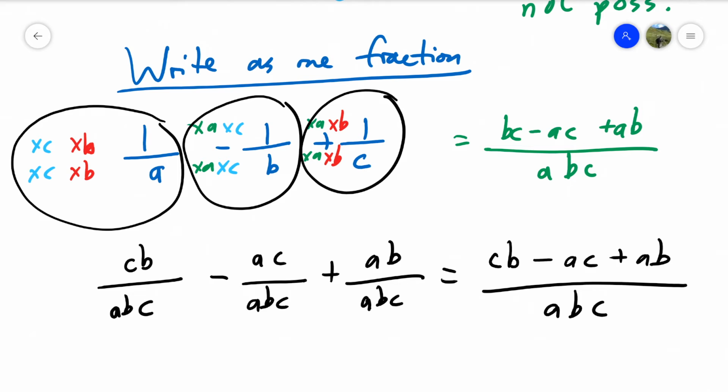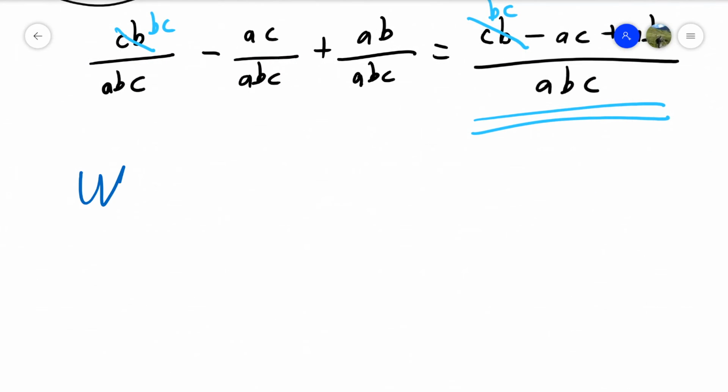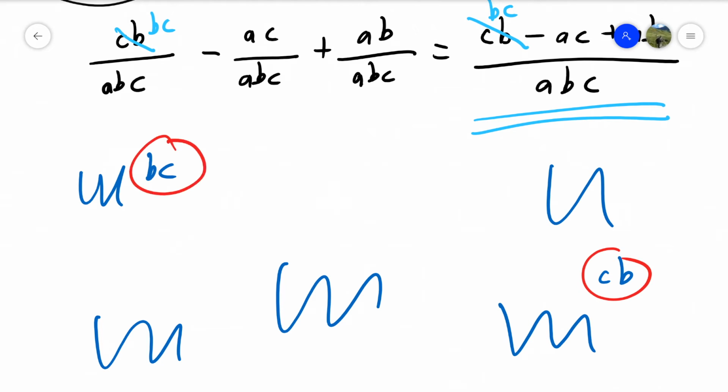I'm going to critique my own working here. I've made what I would consider a mistake, and I would point this out to a student. That's not very good. Should be BC. Always try and write things in alphabetical order. The reason you do that, someone taught me this once, is that if you're doing some really complicated working, and you've got stuff over here, stuff over here, you might write BC here and then CB here, and you might not notice they were the same thing.